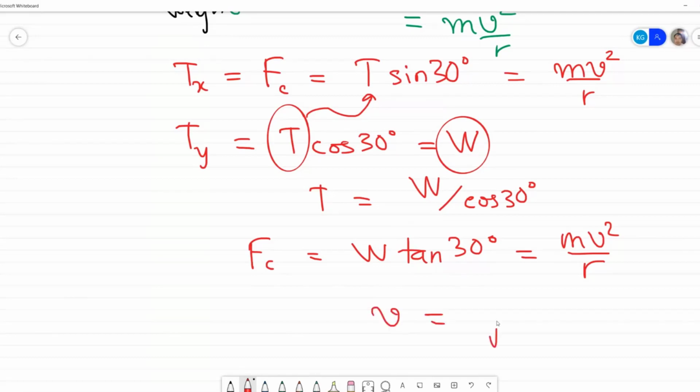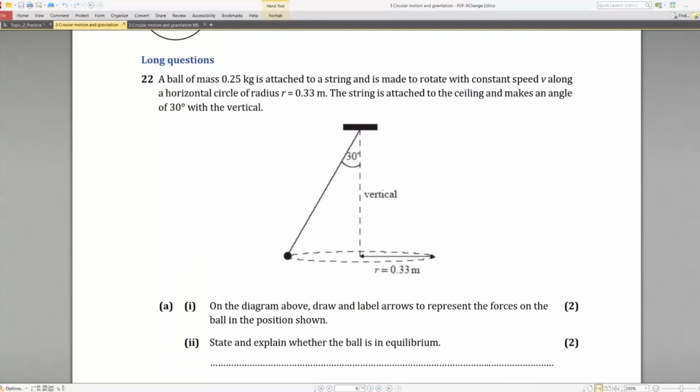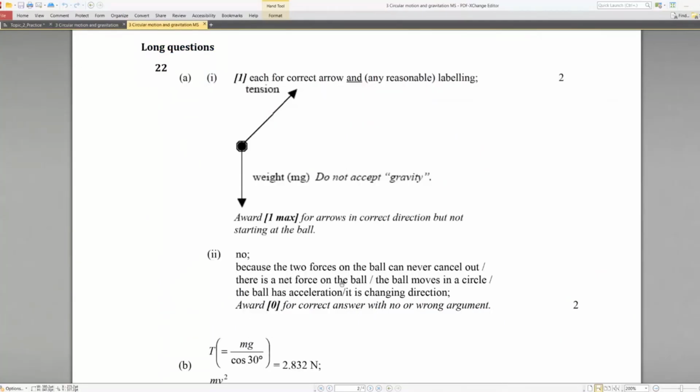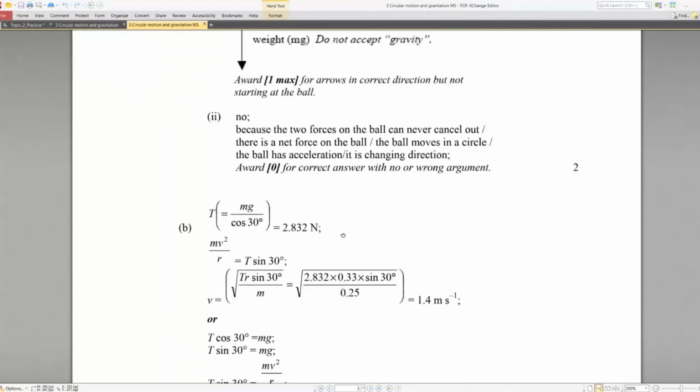So v is the square root of g tan 30 degrees times the radius. That is actually mg, but you divide by the mass, so there's no mass necessary. And this is the answer.